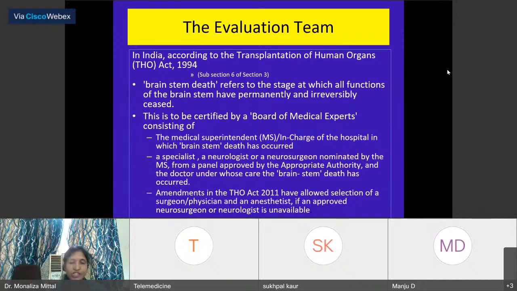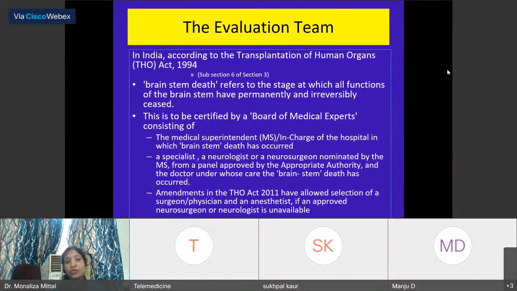Now, evaluation team: who should clinically evaluate for brain death? In India, according to the Transplantation of Human Organs Act 1994, subsection 6 of section 3, brainstem death refers to the stage at which all functions of the brainstem have permanently and irreversibly ceased.